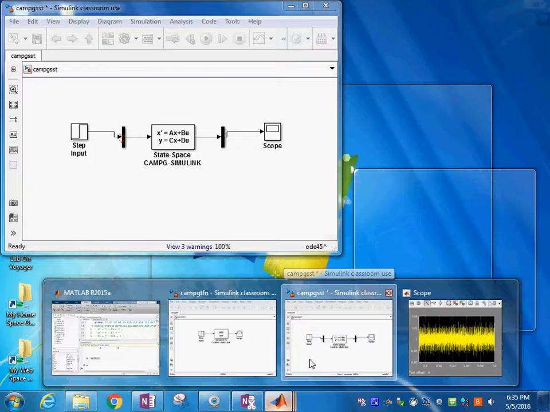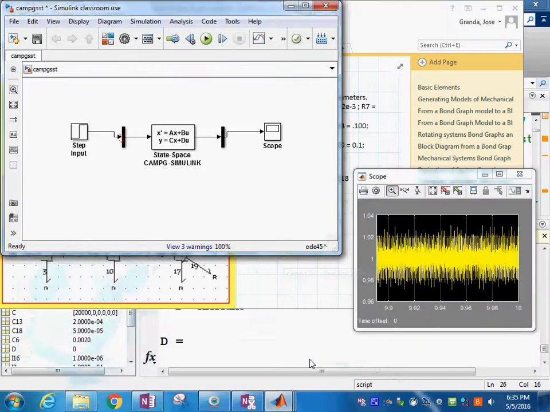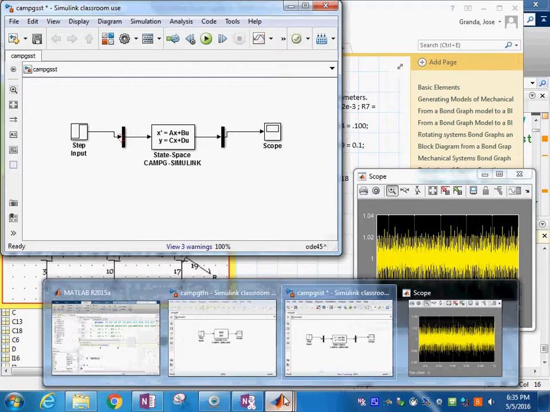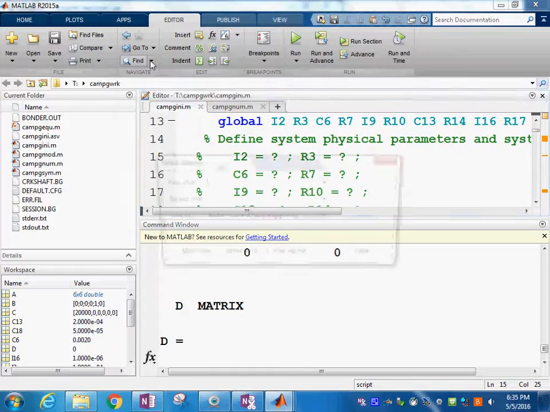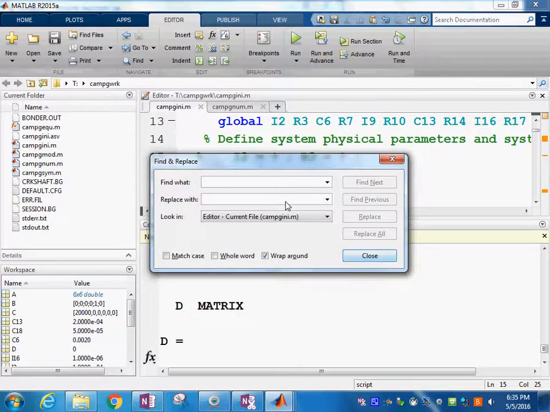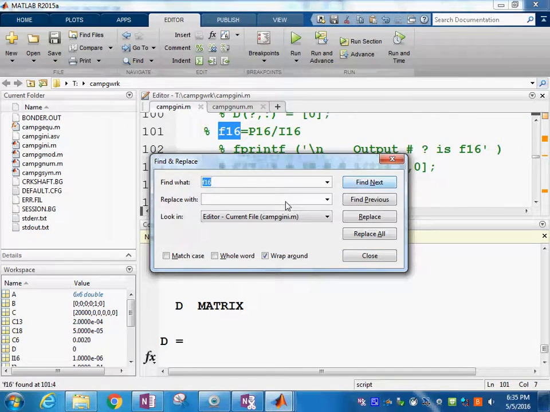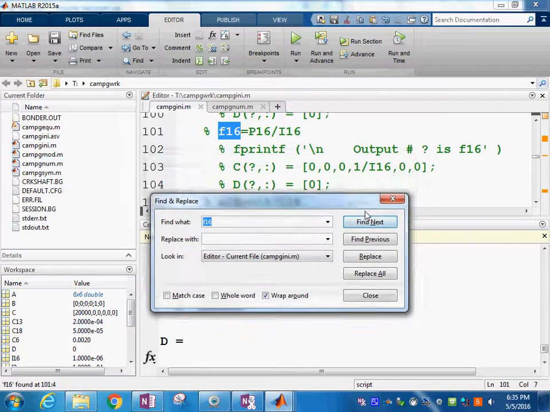To do that, you go to the file here, and we are going to add one more output, right? So F16, we go over here and say, find for me F16. Yeah, and then it's found there, and in here you say output number 2.